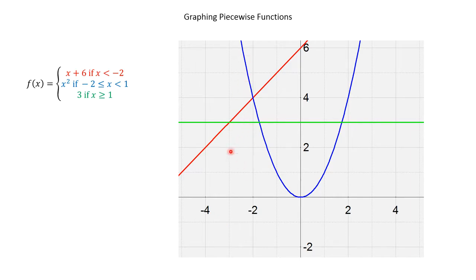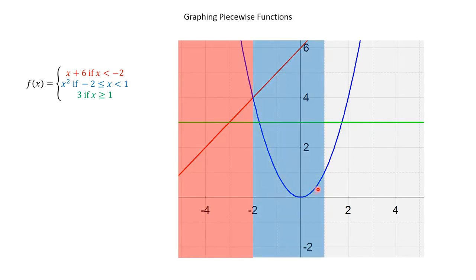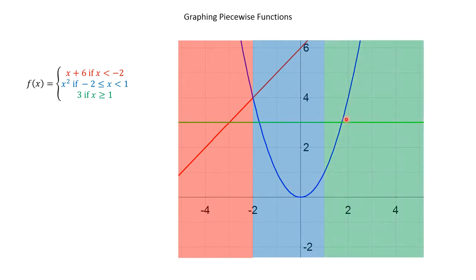Vertical line test does not work here. But it's not the graph because over here, the red one, we should only have the red line because this is the red domain. Here, we should only have the blue line because this is the blue domain. And over here, we should only have the green line because that's the green domain.